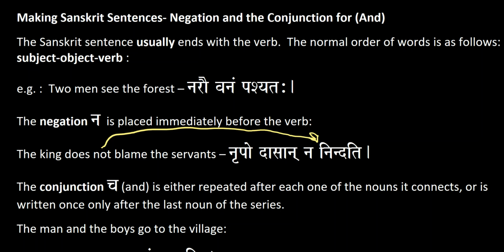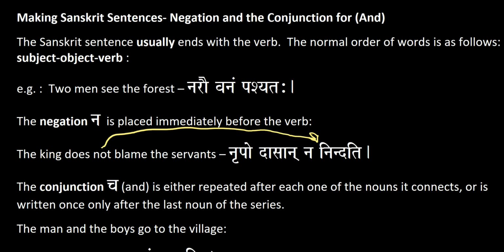So na nindati. So again, just make sure that, let's say if you want to go away from the usual order, you could also say nanindati nripo dasan. Just make sure that your negation na comes before your verb.